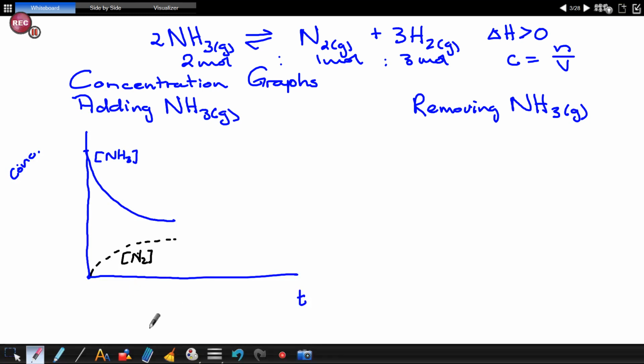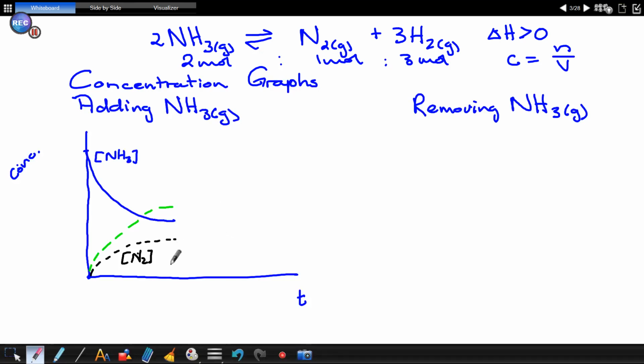What will happen to the concentration of the hydrogen? It will also gradually increase, but if we look at the mole ratio, what will it do? Is that making sense? Okay.